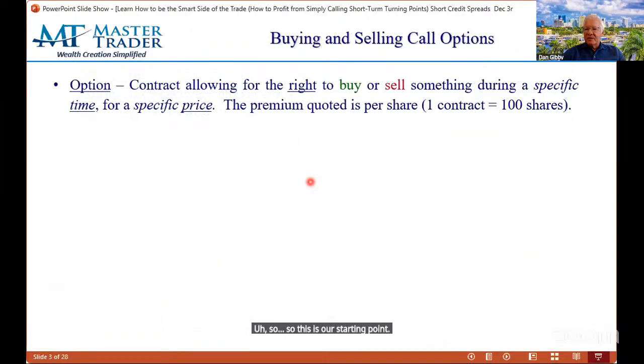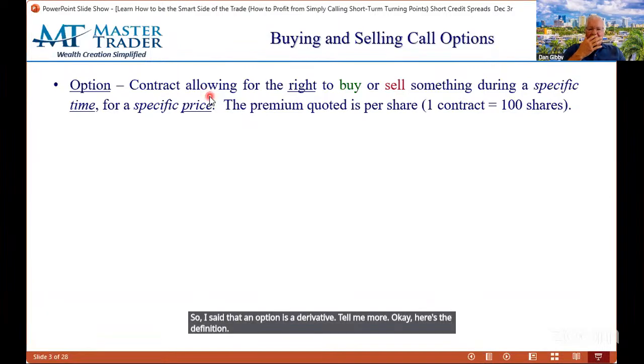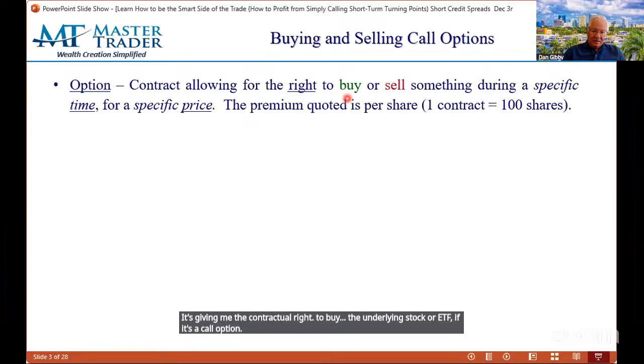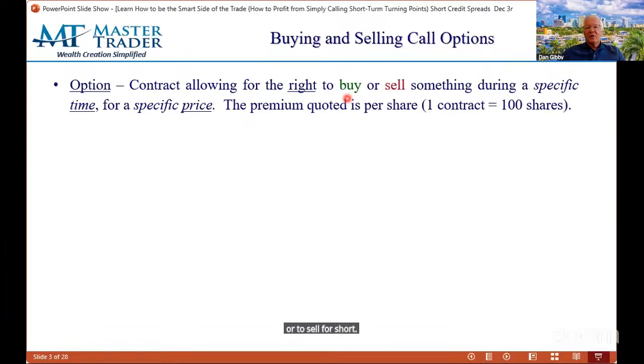A couple basic definitions now. So I said an option is a derivative. Tell me more. Okay, here's the definition. So when I buy a call or a put, it's giving me the contractual right to buy the underlying stock or ETF if it's a call option, or to sell or short the underlying if I'm buying a put for a specific time.